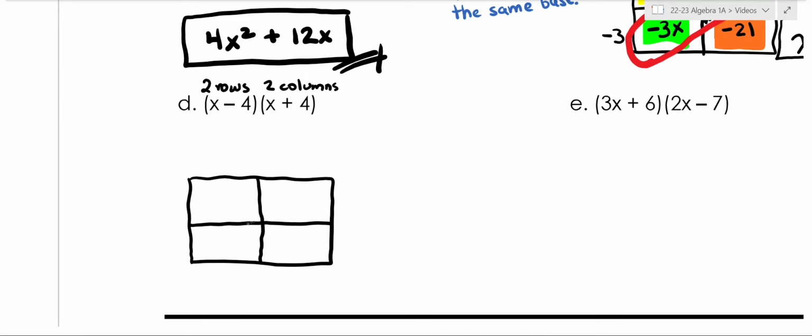Slightly better box, right? All right, this one is going to go here, and this one is going to go here.